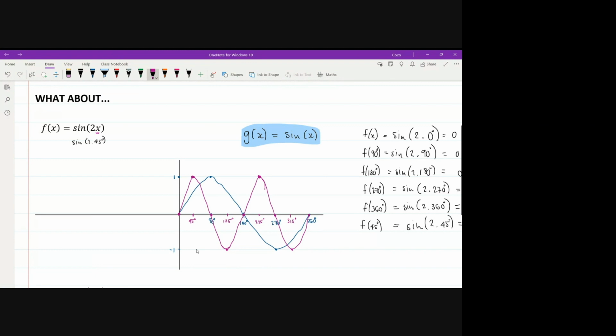Okay, cool. Let's compare what we are seeing here. The graph of g of x, which is just the normal mother graph, gives us one graph in 360 degrees. The graph of f of x is equal to sine 2x. How many graphs did that give us? The purple graphs.